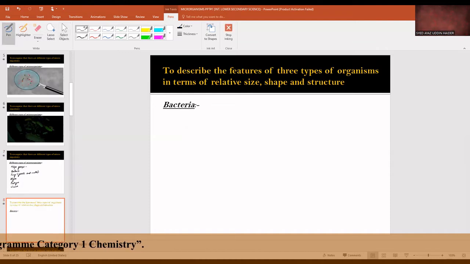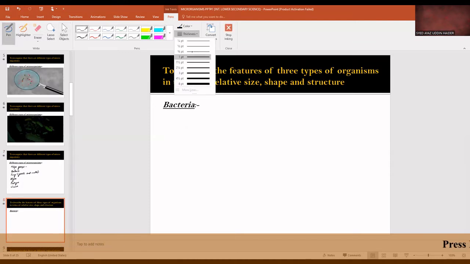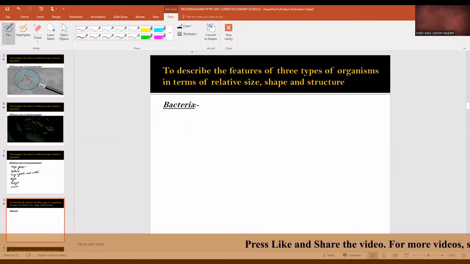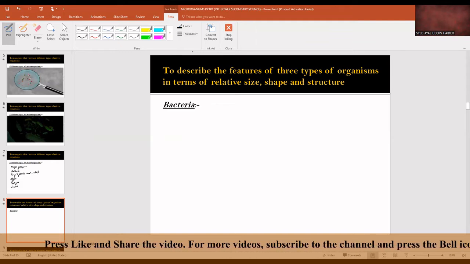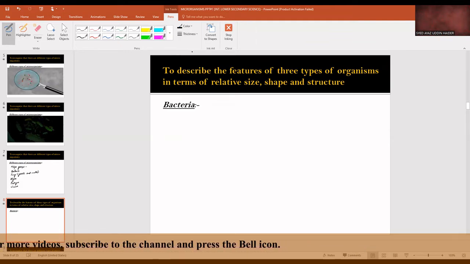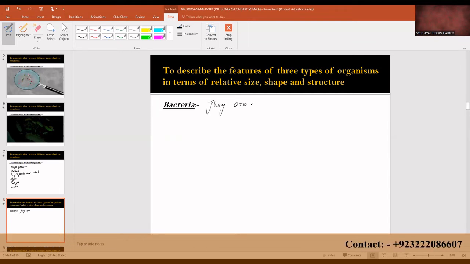Let's talk about bacteria. Bacteria are unicellular microorganisms which have cell walls but lack organelles and true nucleus. They are unicellular microorganisms.